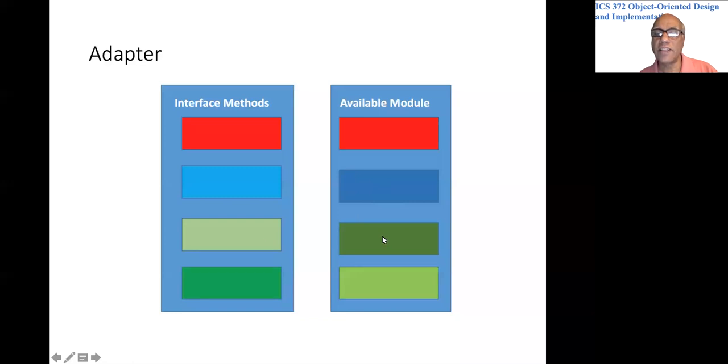This is green, a different shade of green. This is also a different shade of green. So these 3 things are close, but not quite what we want. This one is exactly what we need. So this method can be used exactly. The other ones have to be modified.